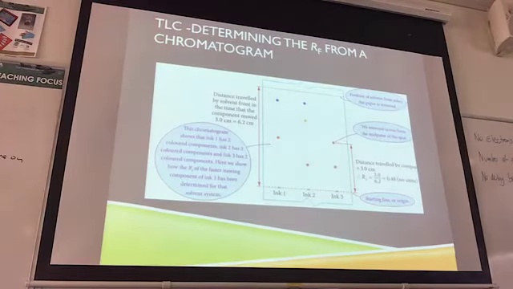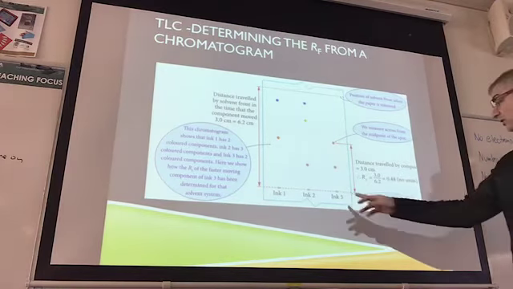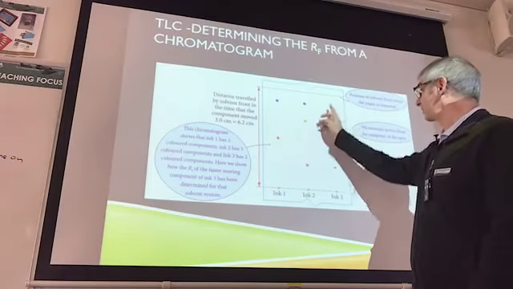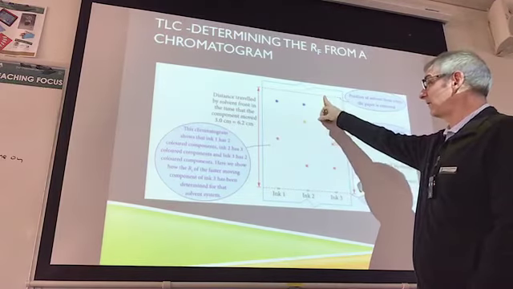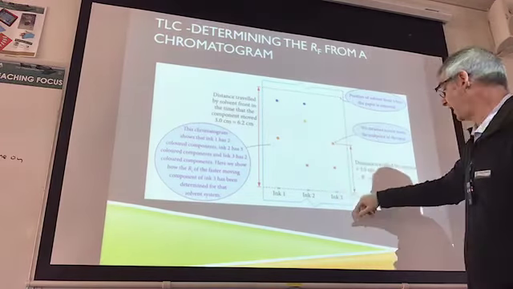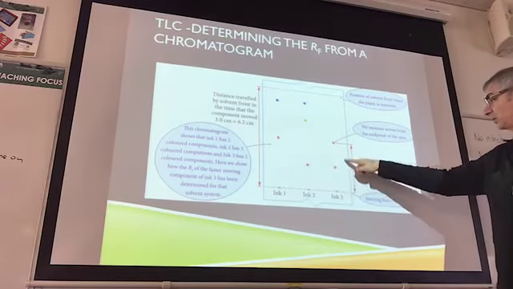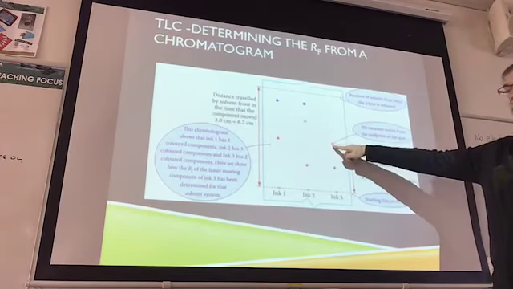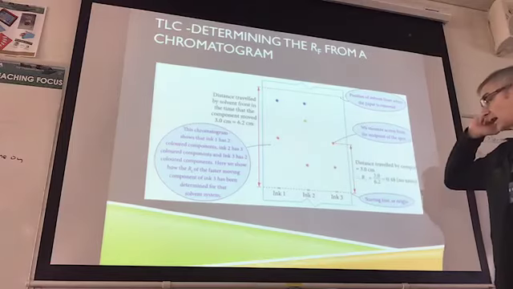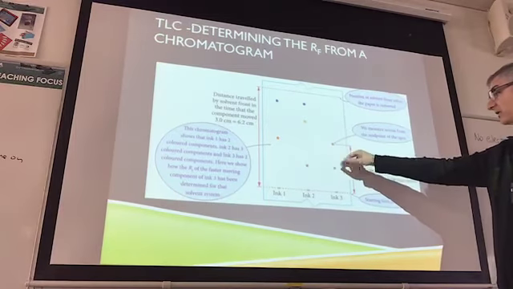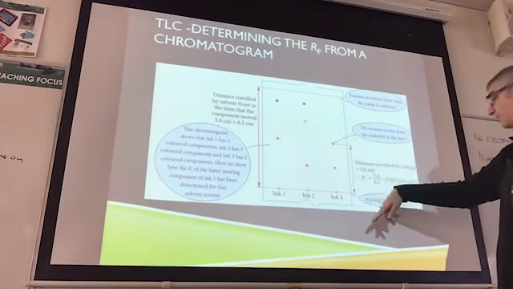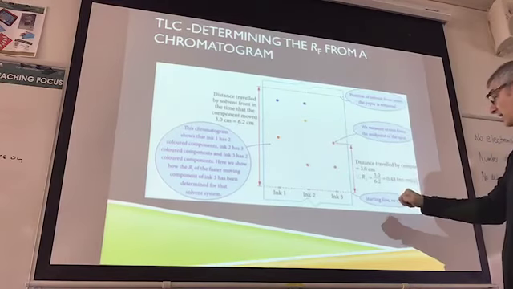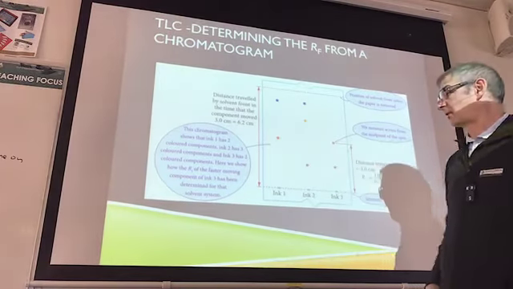We can calculate the RF values again by measuring the distance up to how far the solvent has moved, and divide that into the distance that the sample has moved. So we can calculate that the RF value, for example, for this dot here is 0.48, so it'll be the same for that one there.